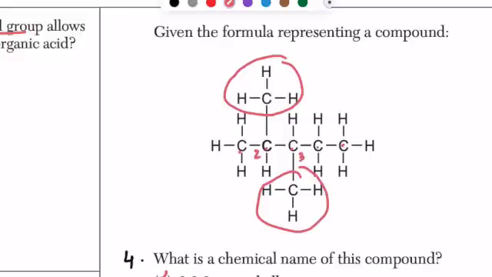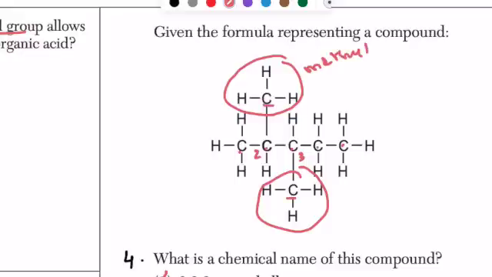Remember the reason why I am not naming this the other way. If I name it this way, then I'll have my first branch at carbon number 3. But we want to name it from the direction that brings us to the first branch faster. So this should be a branch at carbon 2 and 3, but which branch? We know that this is a methyl branch because it only has one carbon.